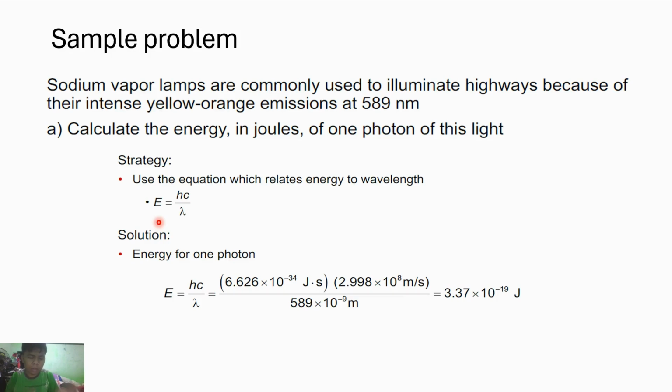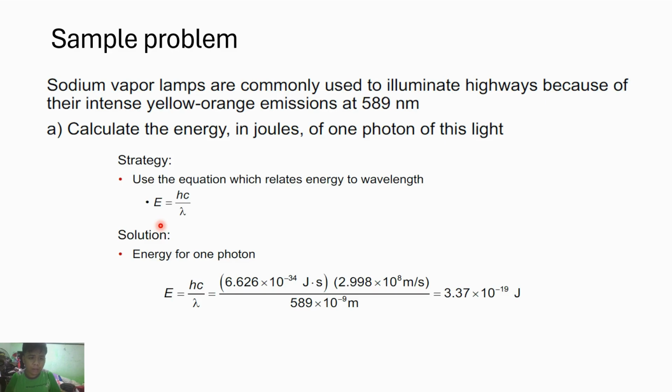If you use that formula, you can also get the answer, but it extends the length of your solution because you still have to find the value of the frequency. Here we are given the wavelength, so let's just use what is easy.